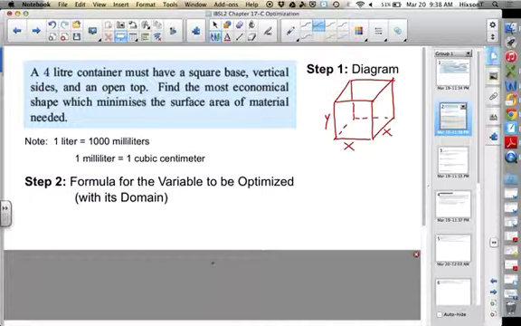Remember, the top is open, so we don't need to include it. x squared plus 4xy. x squared is going to be the bottom, and then each side is x times y, right? That's x times y. So there's 4 of those, so plus a 4xy. We have a problem here, though. What's our problem?